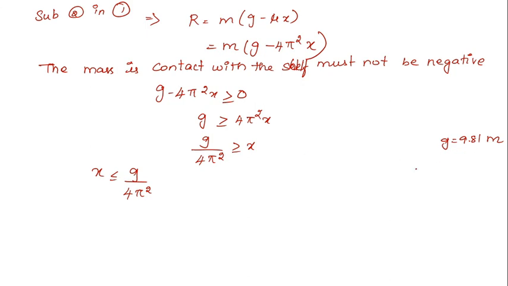You multiply by 100, it will be 981. So 981 divided by 4 times 3.14 squared is approximately 24.8 centimeters. So finally we found the answer.